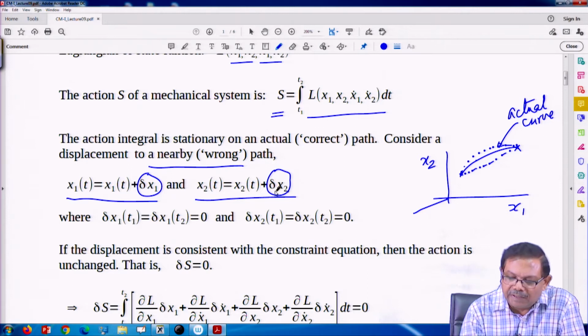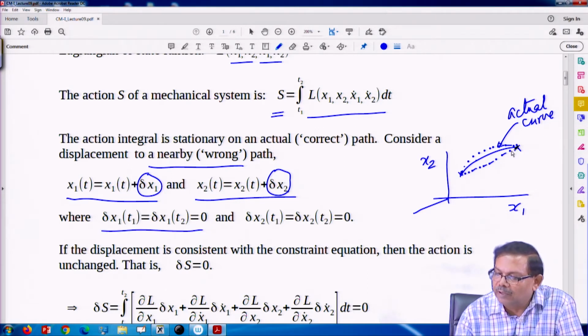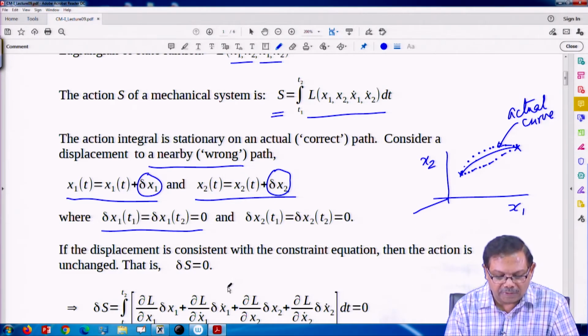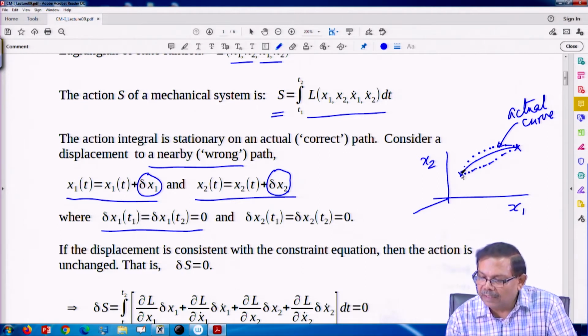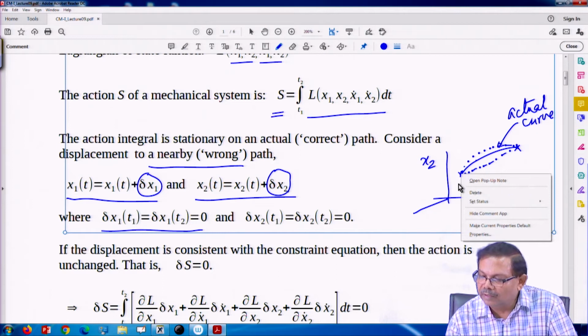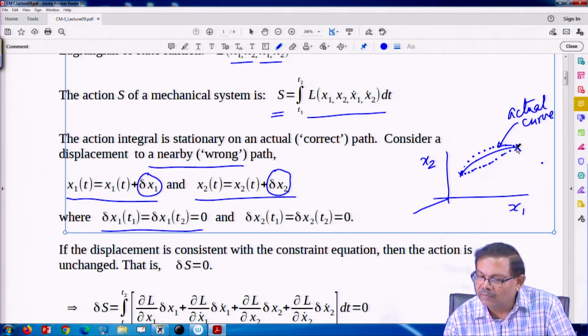These variations must be 0 at the end points. Curves may be many, but all must pass through these 2 points. So, delta x 1 would be 0 at t equal to t 1 as well as t equal to t 2.